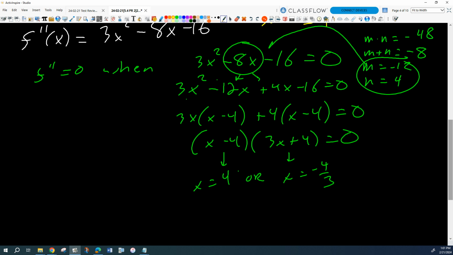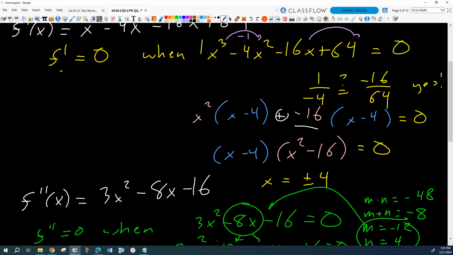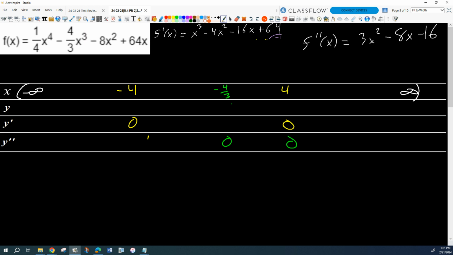So there's the factored form of the second derivative. What was it, 3x plus 4? Okay, so then it's easy for us to evaluate this at negative 4.